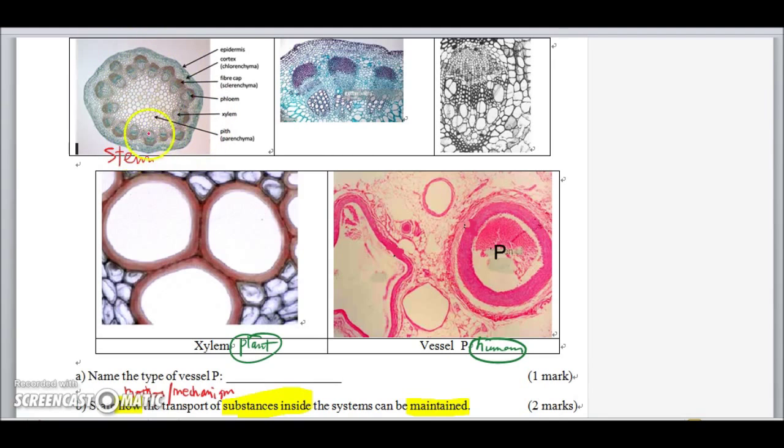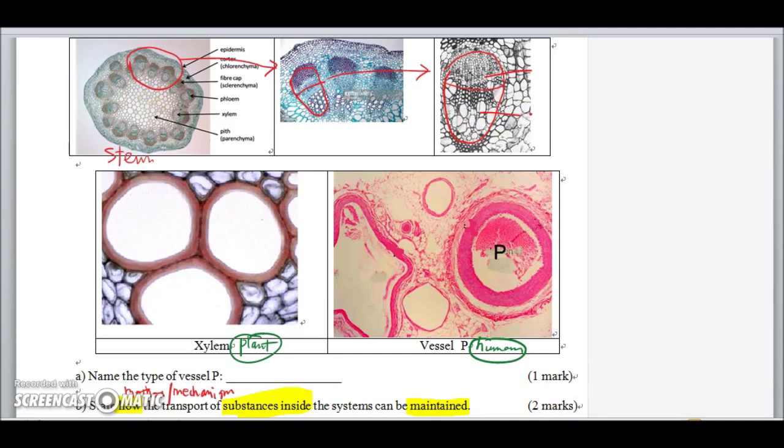Here is the stem, and when we enlarge the stem, we will see the structure. And then this structure, when we enlarge it, we will see something like this. And when you enlarge it, you will see something like this. So you see, they are different.